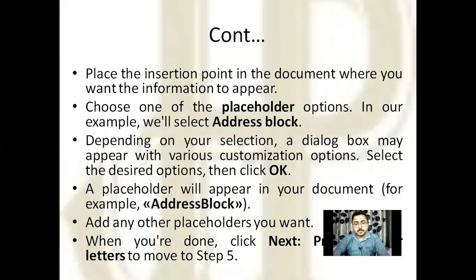Select the desired option, as I have taken the first name as parent name and the address from the Excel worksheet. Then click OK. A placeholder will appear in your document. Add any other placeholders you want. If not, then click Next: Preview your letters to move to step 5.